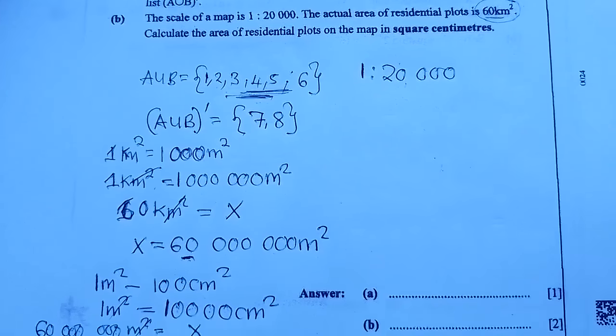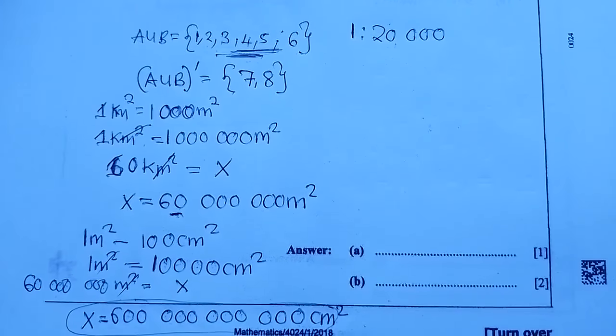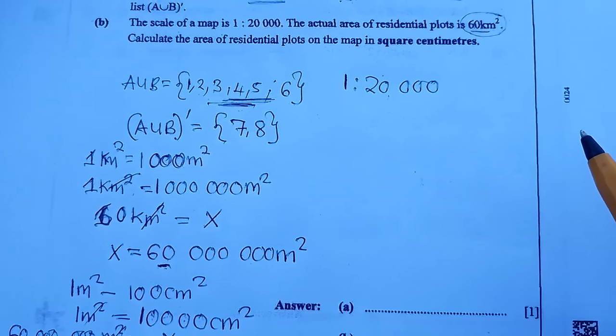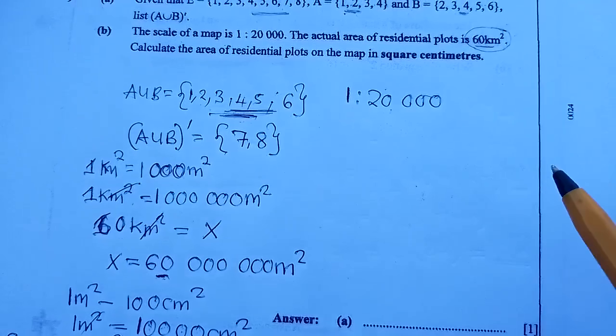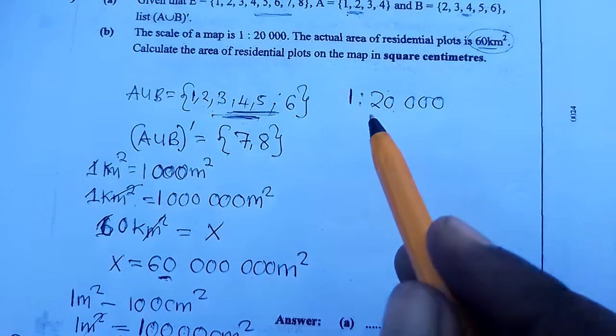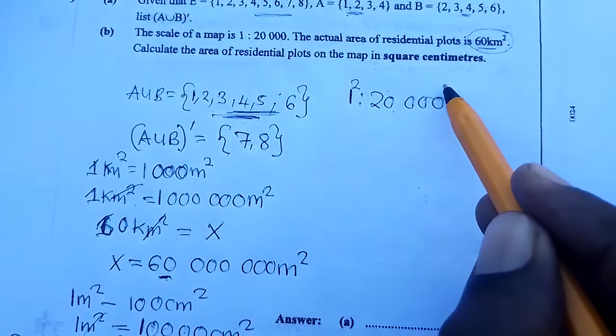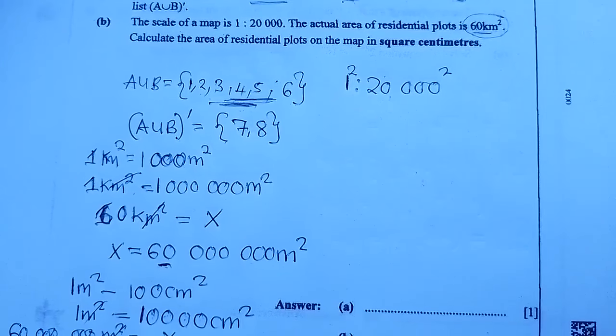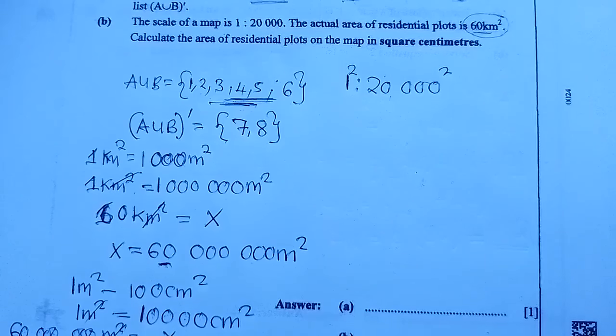They're just the same. In centimeters we've got that, in kilometers we've got that. So now what am I given? I'm given this scale. So I also square this scale, because they are saying area, so I put a square.